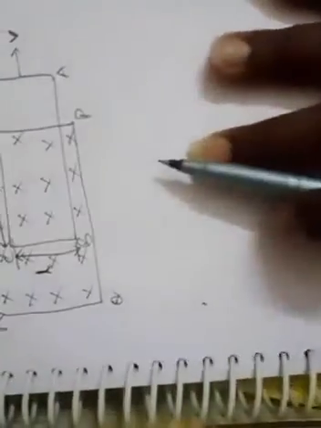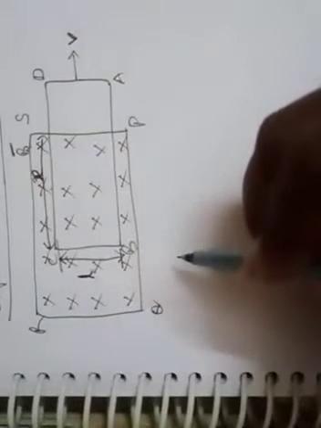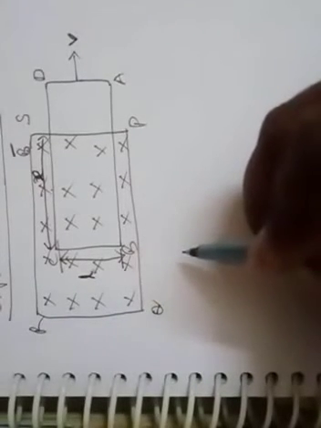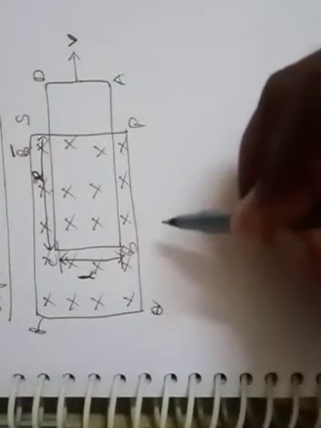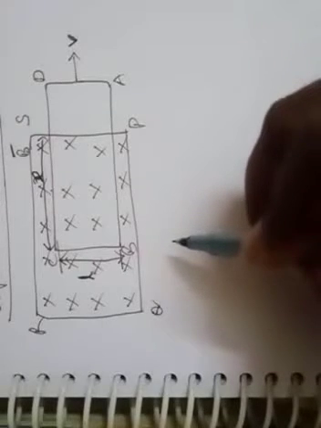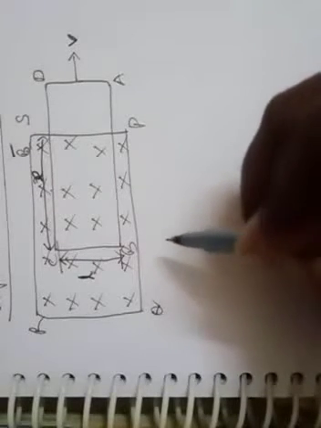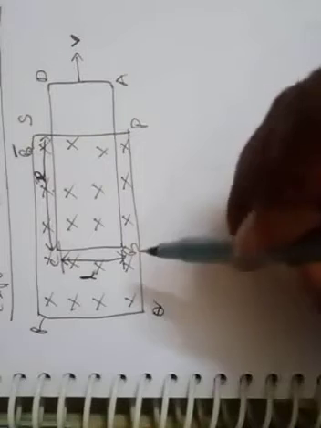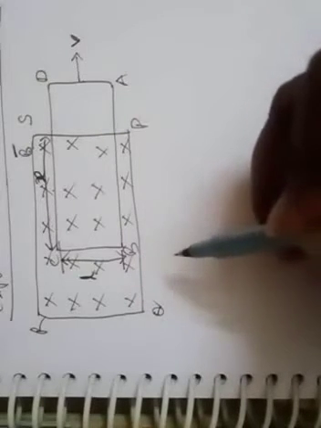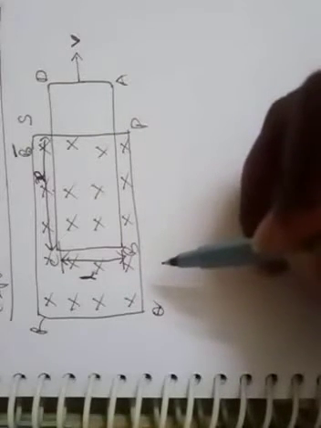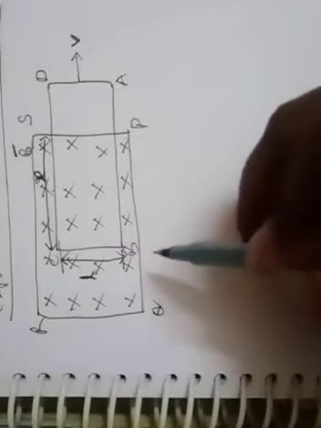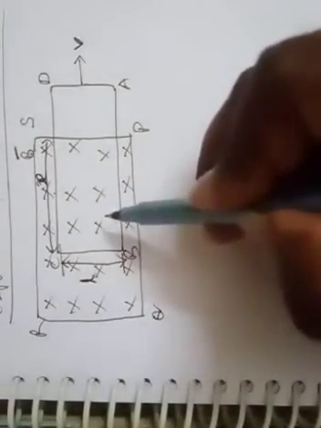So here we need to calculate the induced EMF. According to Faraday's law, what is the expression? E is equal to minus d phi by dt. So first we have to calculate d phi by dt, the rate of change of the flux. Before that, I will calculate the flux. The flux formula is BA cos theta, and what is the theta?